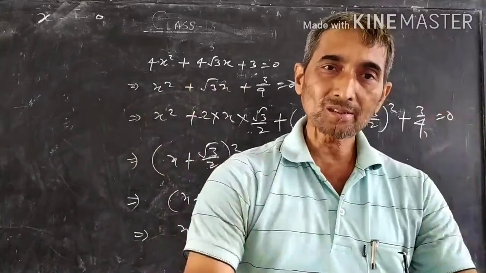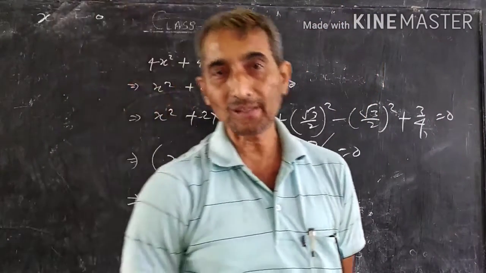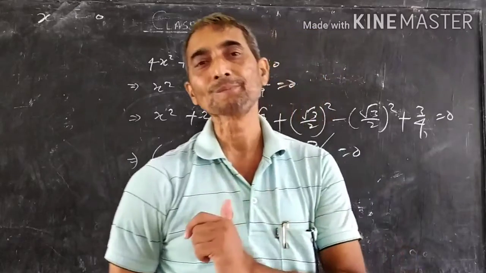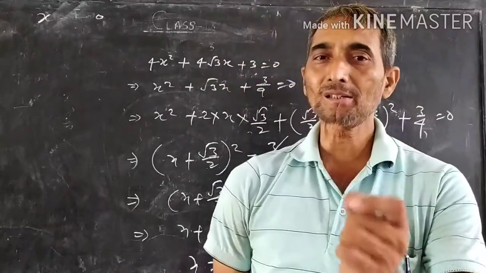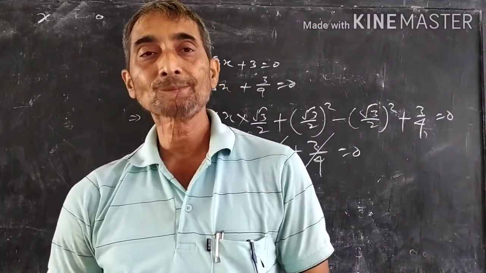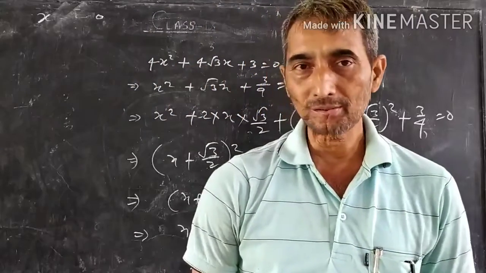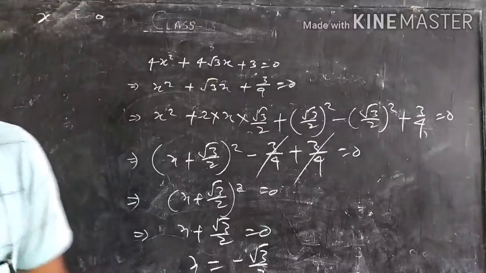But if D is less than 0, that means negative, then it is sure that the quadratic equation does not have any roots. In that condition, you can't solve your given equation. Okay? Now come and try to see another question.